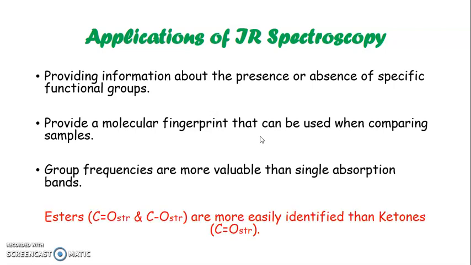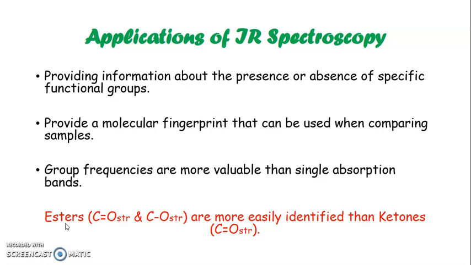To be more clear, I can explain by an example that esters having C double bond stretching and C single bond stretching are more easily identified than ketones having only a C double bond stretch, and also amides which are having C double bond stretch, NH stretch and NH bending are more easily identified than esters.